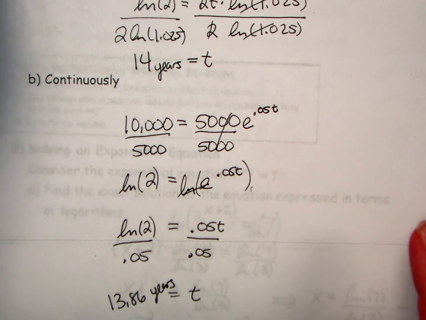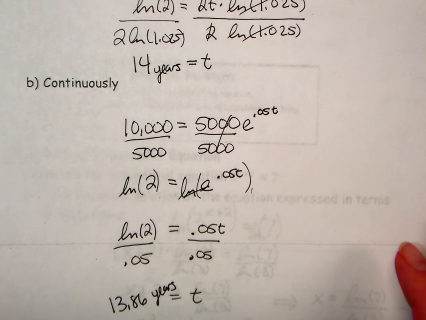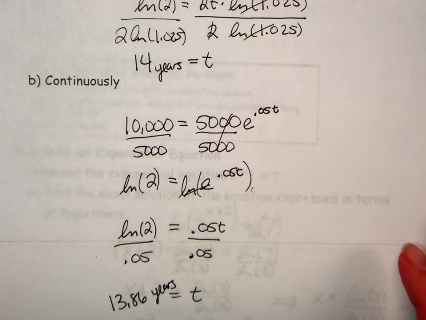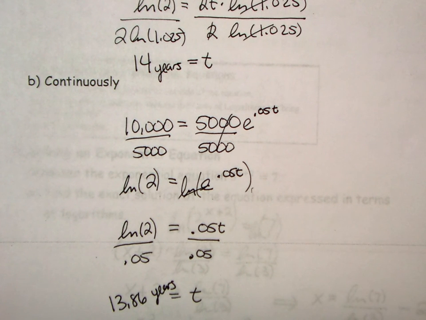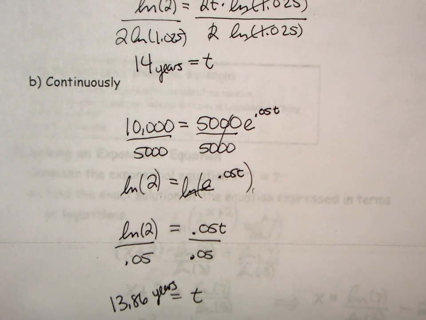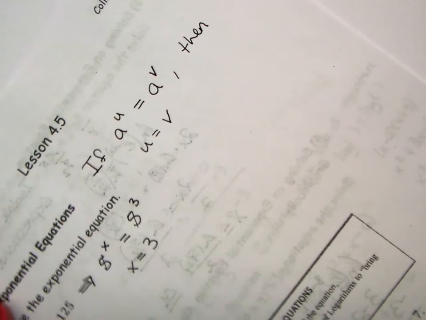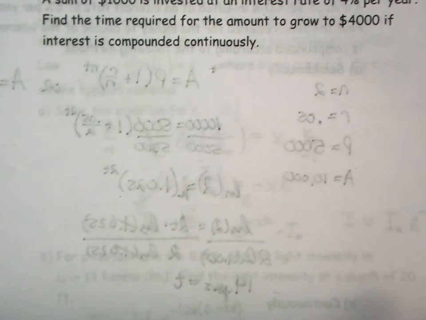All right, so keep that in mind. Higher interest rate is always better when you're investing. Lower interest rate is always better when you're taking out a loan. Okay, so interest rate makes more difference than the number of times it's compounded.